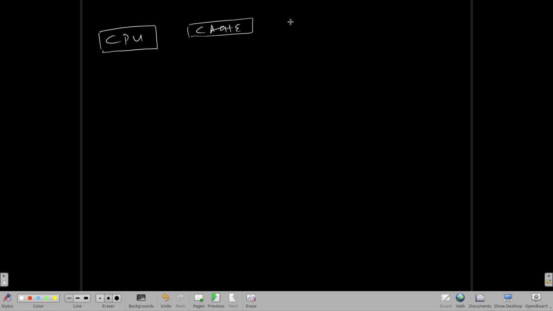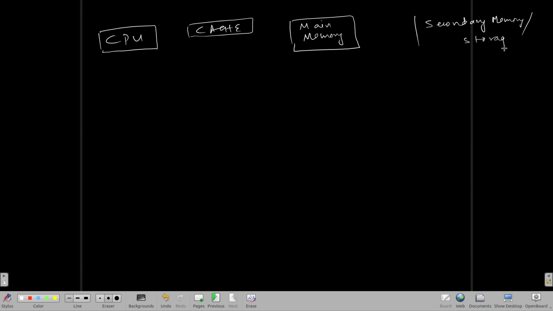Then we have what is known as the main memory. Then we have what is called the secondary memory or storage.